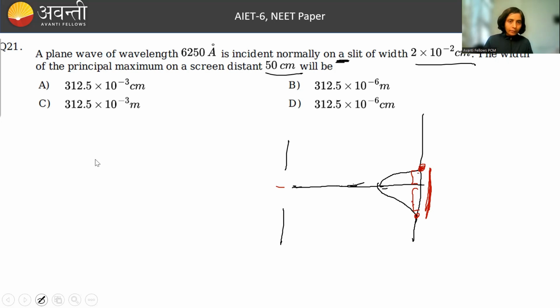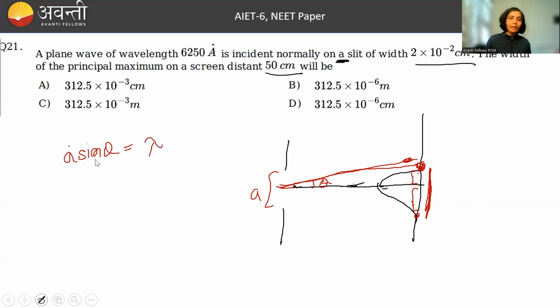And we have learned in diffraction that for minima, a sine theta, where a is this slit width and theta is what? Suppose here we are getting minima. So you draw the line like this. So here we are getting first minima. Let's say this angle is theta. Then a sine theta will be equal to lambda.